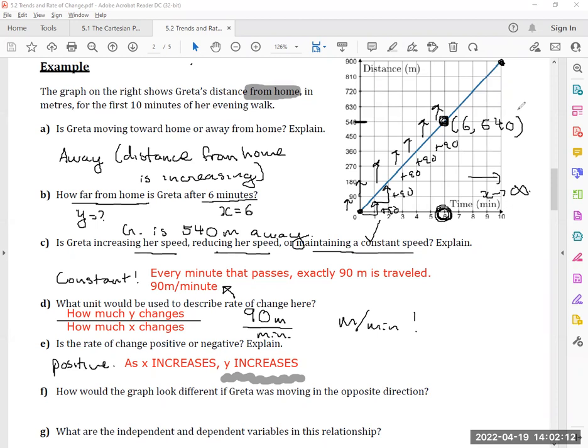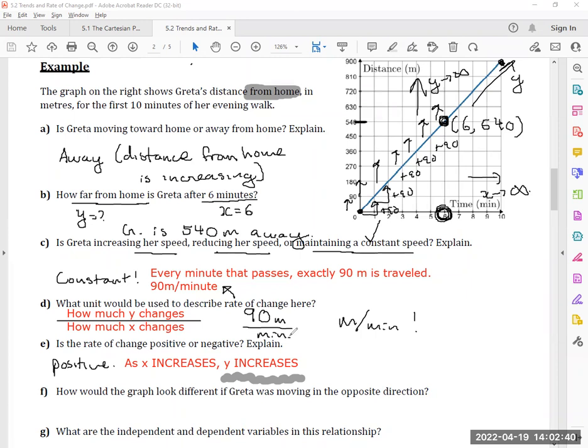If x was 1 million, what's the typical end game for the y value? Where am I going? Yep. So as a limit, the y value is going to approach infinity as well. That's one way you can tell that it's a positive rate of change. There's so many ways you can describe it.